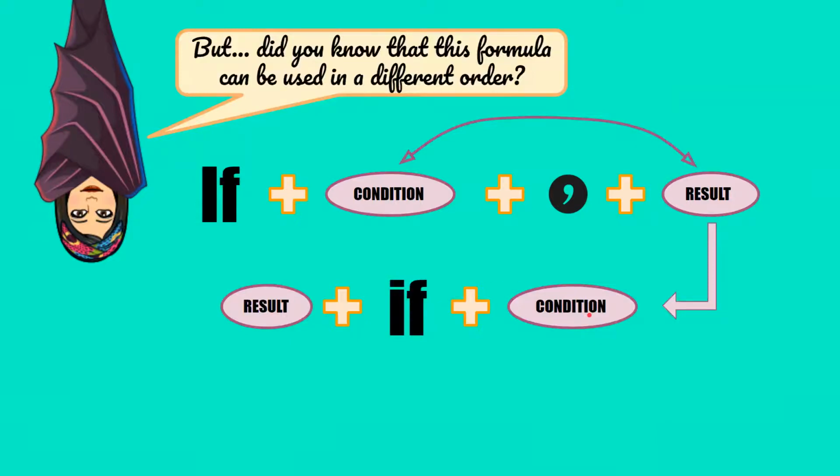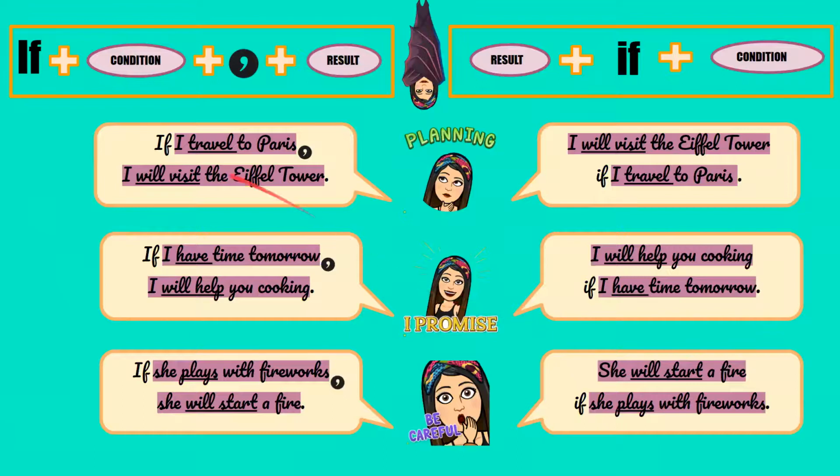Let's look at these examples. In my previous examples, I said, if I travel to Paris, I will visit the Eiffel Tower. But I can also say, I will visit the Eiffel Tower if I travel to Paris.